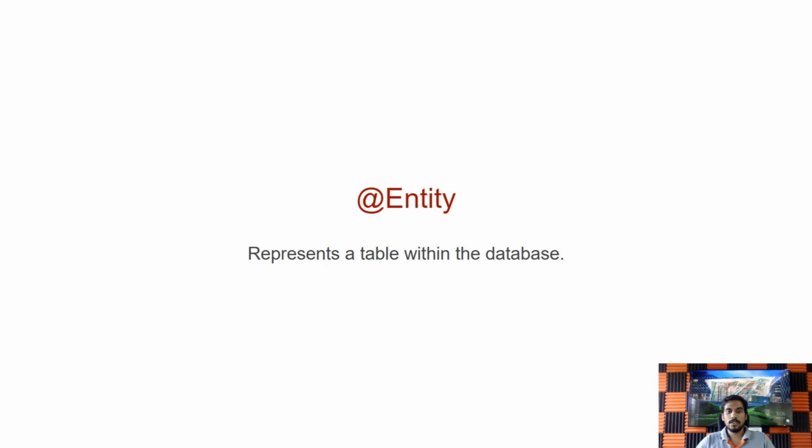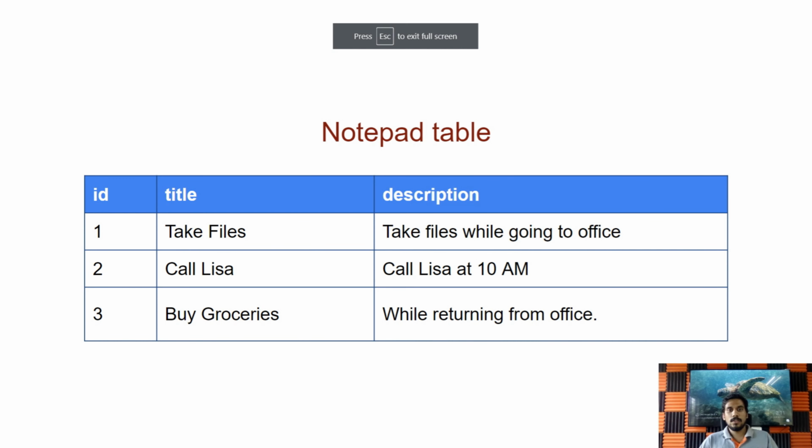Therefore, the entity classes tend to be small model classes that don't contain any logic. This is an example of a SQLite table. The table consists of three columns: ID, title, and description. We will be creating a project with this table using Room database.